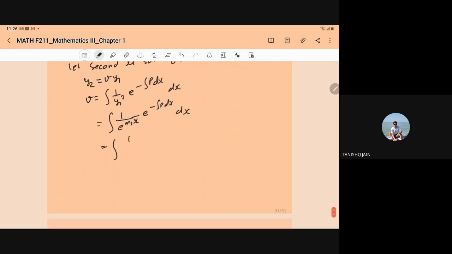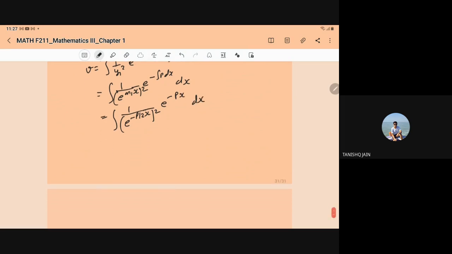So this will become e to power minus, minus p by 2 into x, whole square, e to power minus px into dx.